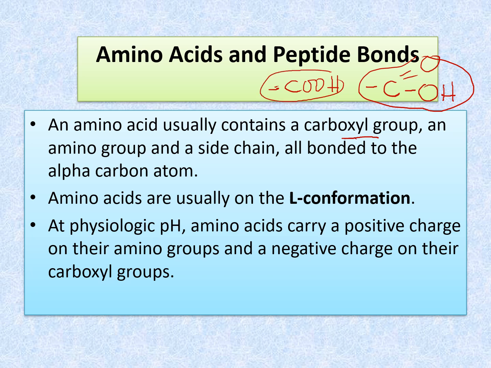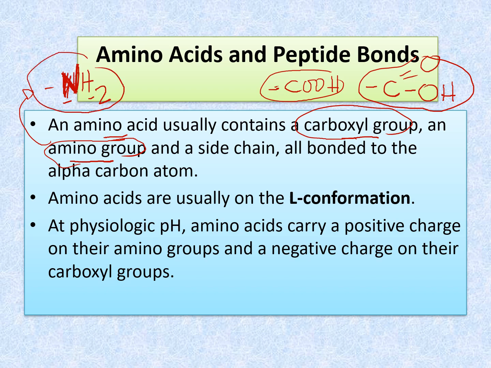Now, the carboxyl group is just one of the functional groups that you can find in the molecular structure of your amino acid. The other functional group that you can find is your amino group, which you can write in this way: NH2, which means it has a specific nitrogen atom, and that nitrogen atom is bonded to two hydrogen atoms. So this is the shorthand version of writing the amino group.